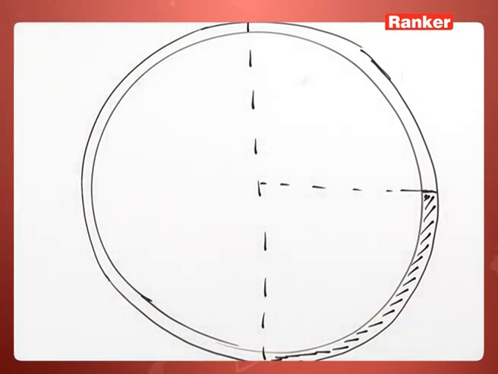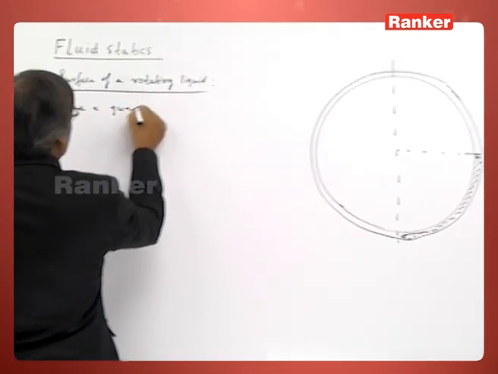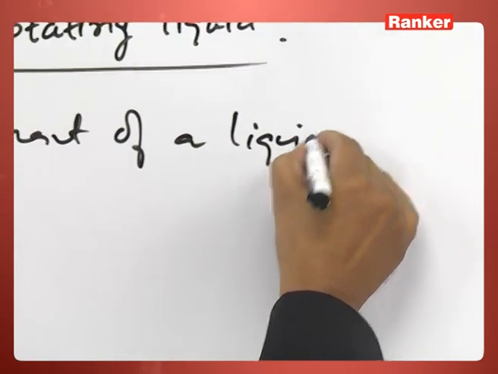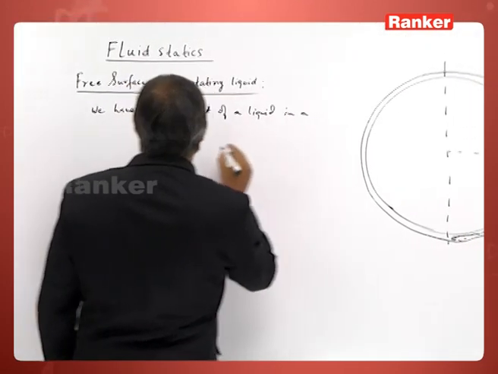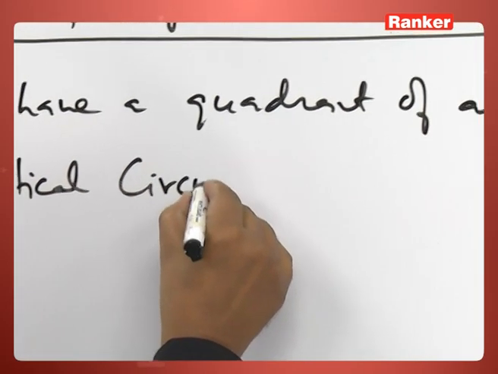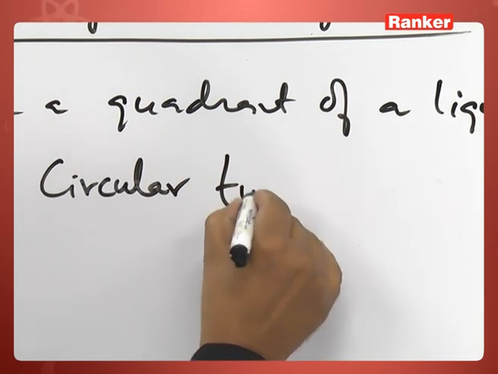So, we have a quadrant of liquid in a vertical circular tube.